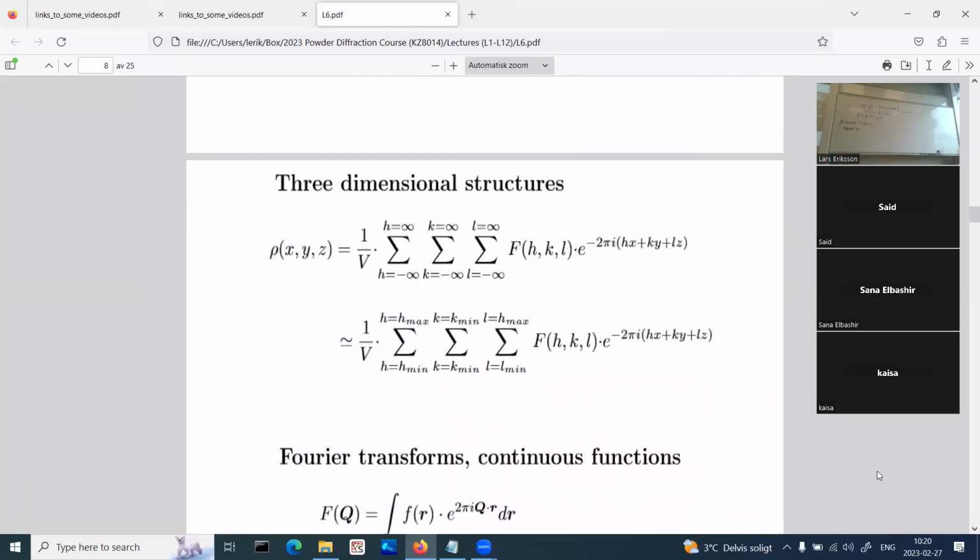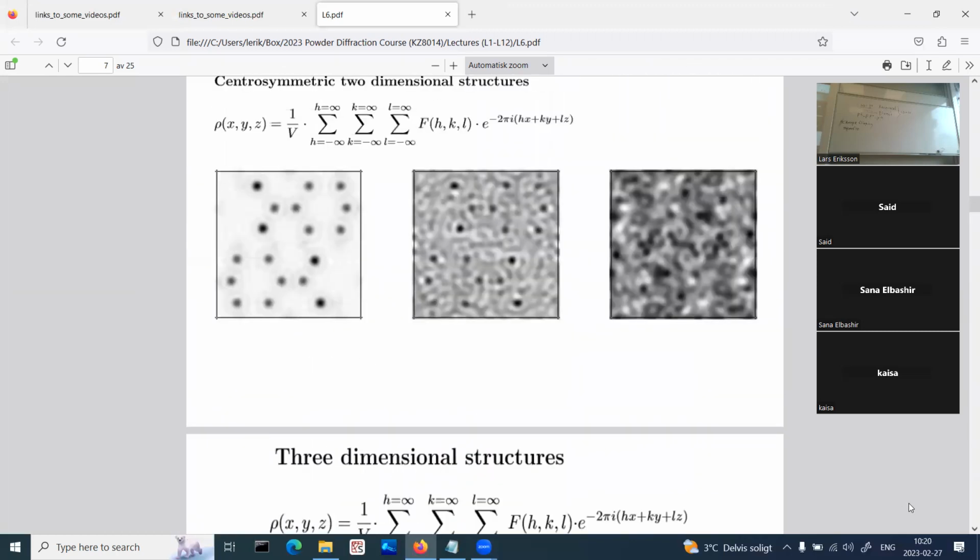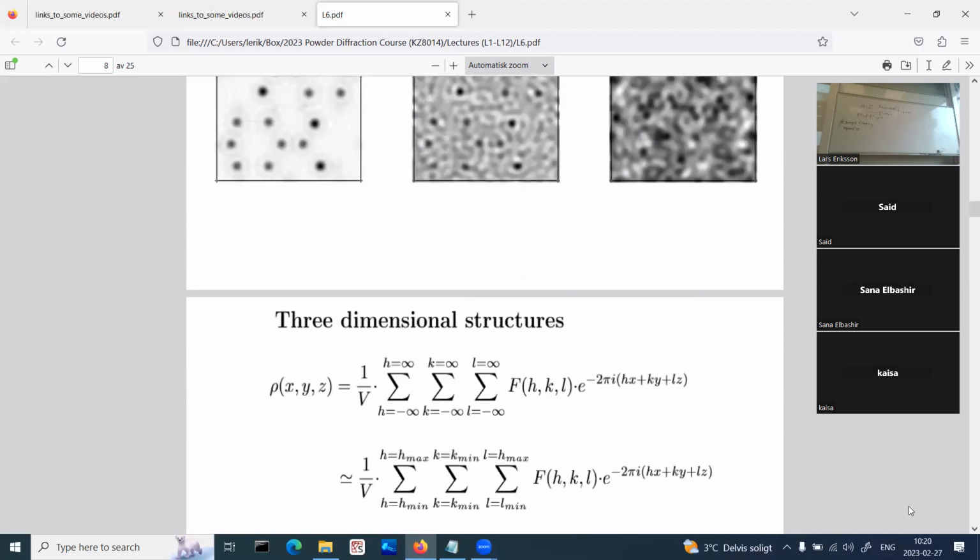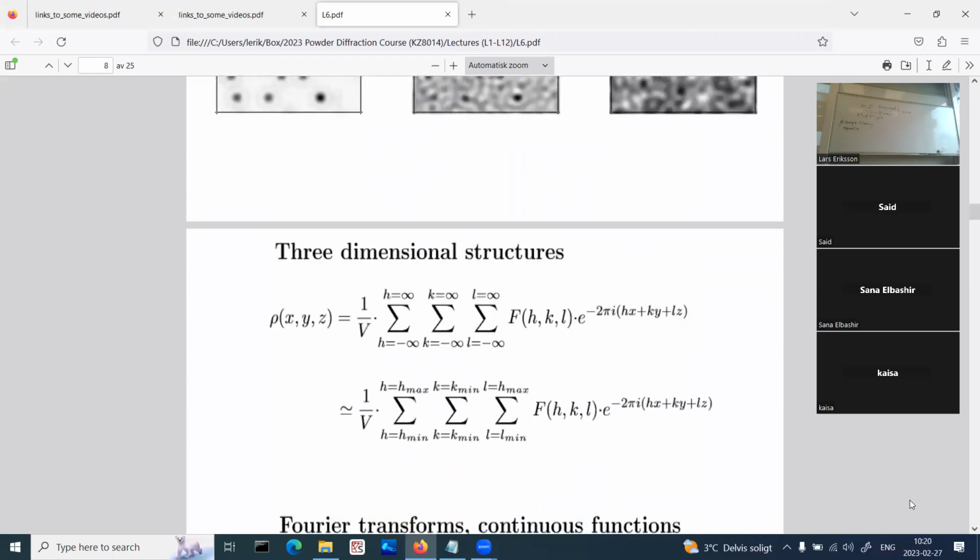So a typical three-dimensional structure is just the same as two-dimensional, but with yet another summation and yet another index and another coordinate, and some kind of length per area. We have a normalizing constant volume.